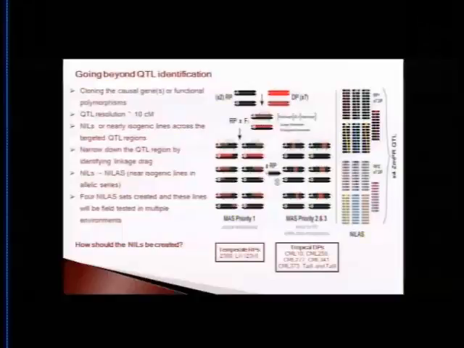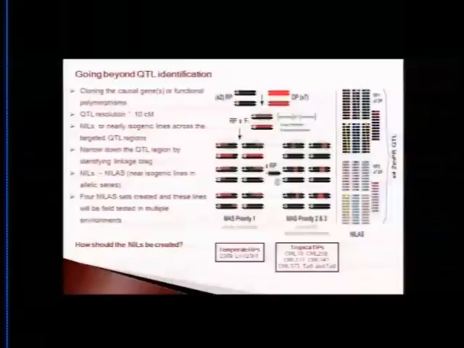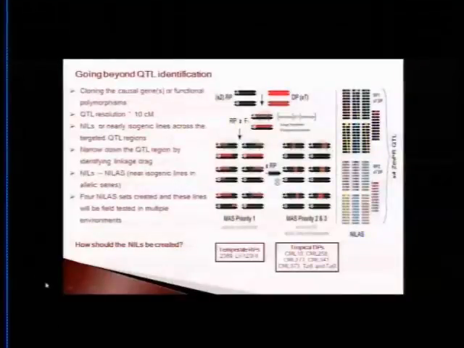So to achieve this dissection, nearly isogenic lines can be developed in the context of near isogenic lines in allelic series, by making separate sets of these NILs, or nearly isogenic lines, with diverse genetic donor parents.